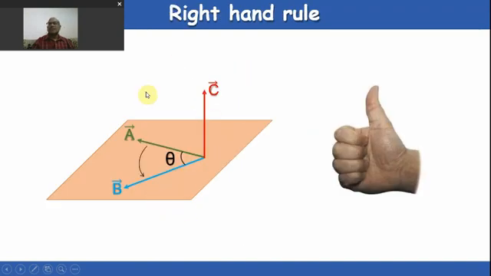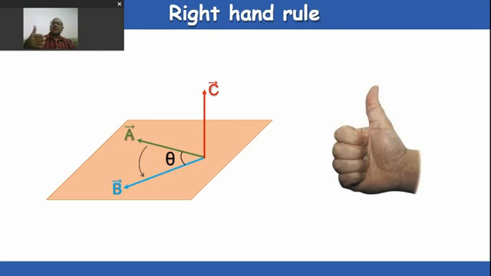So this is the right hand rule. If we take our right hand and close the fingers like this, if vector A is in a certain direction and is moving towards vector B, we close it like this.